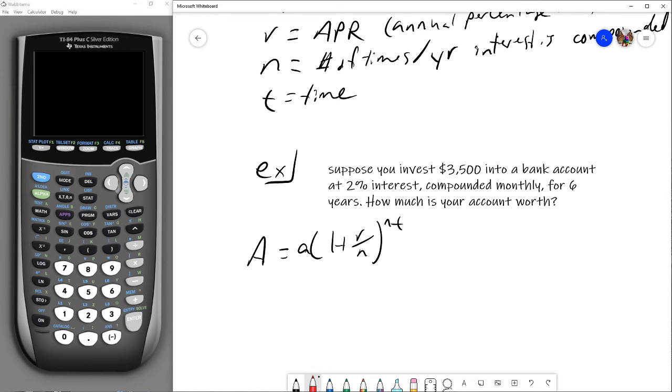So let's start noting things. So 3,500, that's our A, so there's 3,500. 1 plus, that doesn't change. We have 2%. Now the most common mistake I see students make is to put in a 2 right here, or a 0.2. 2% is equal to 0.02.